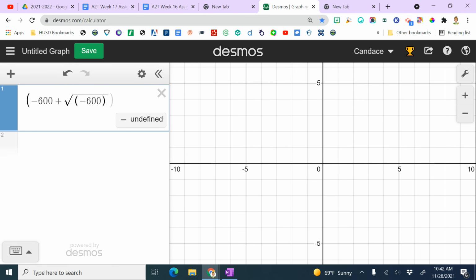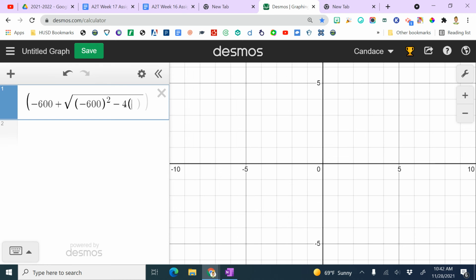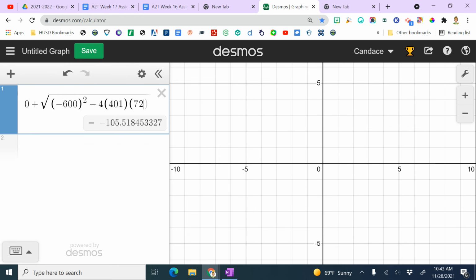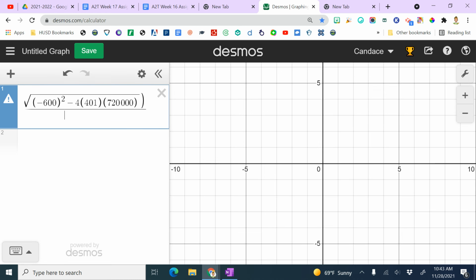Doesn't matter on the sign though, because with squared, it would go away. Minus 4 times the a value of 401 times the c value of negative 720,000. And then close the parentheses and do a divided by 2 times 401.